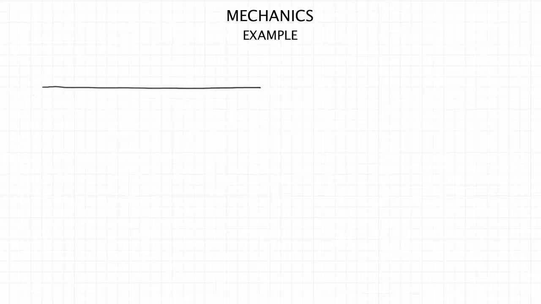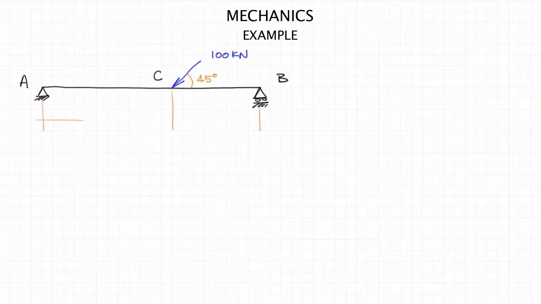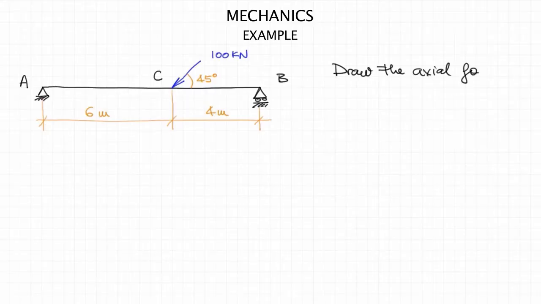This beam will be supported by a pin at A and a roller at B, and it's acted upon by a force that has a magnitude of 100 kilonewtons, oriented at 45 degrees at point C. The total span of the beam is 10 meters, with distance AC being 6 meters and distance BC being 4 meters, of course.